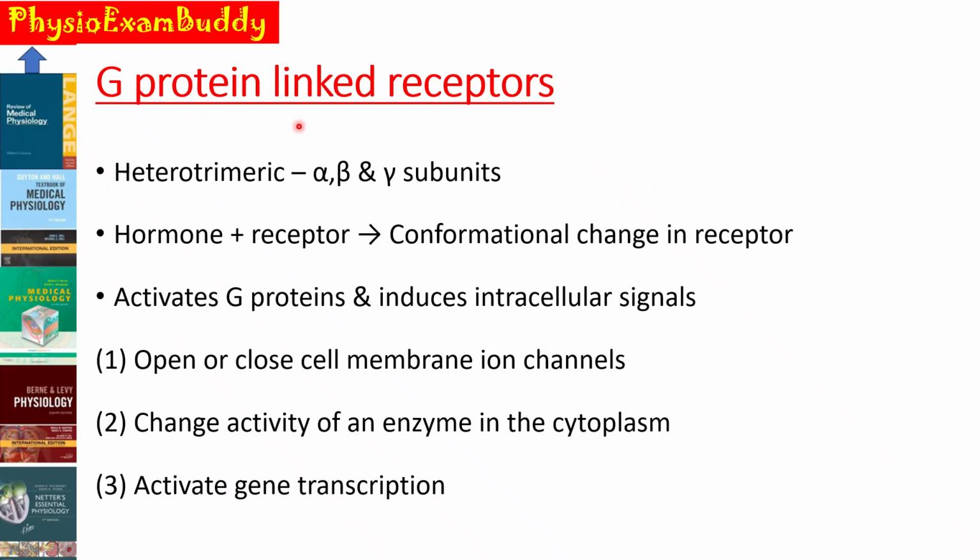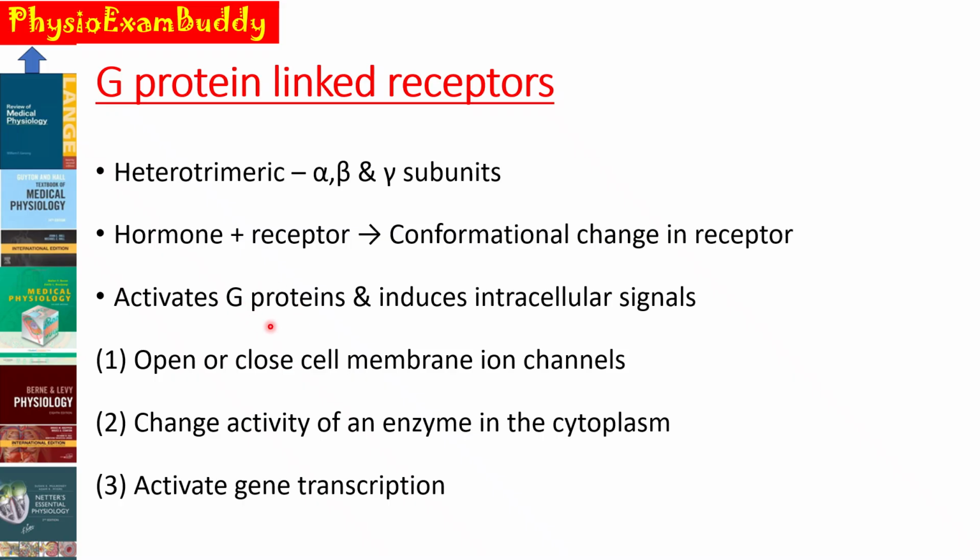Whereas the G protein coupled receptors, this G protein is a heterotrimeric protein, that is, it includes three different subunits: alpha, beta as well as gamma. Whenever the hormone comes and binds with the receptor, it will produce a conformational change in the receptor, and this will activate certain G proteins.